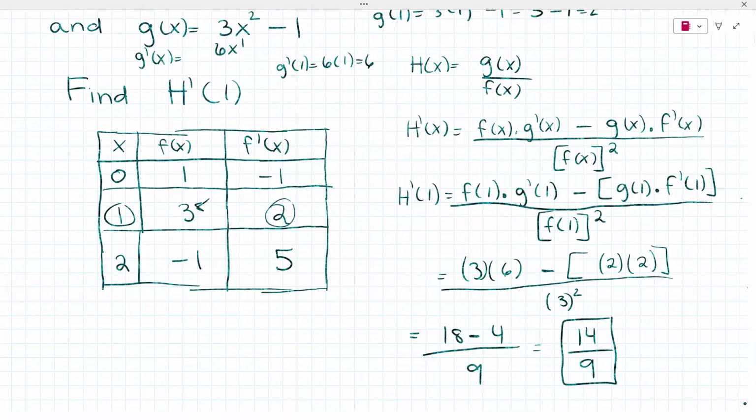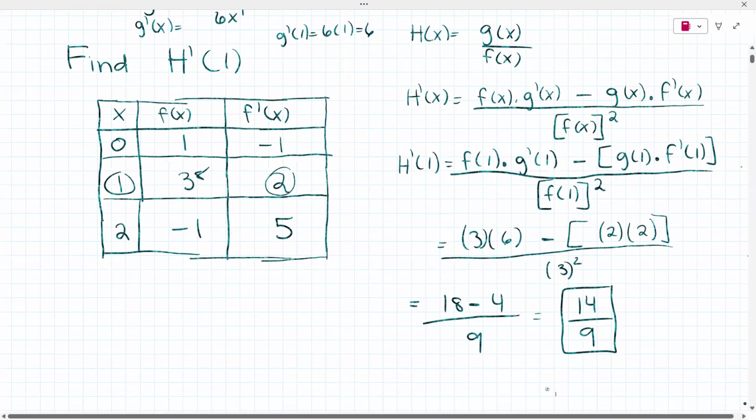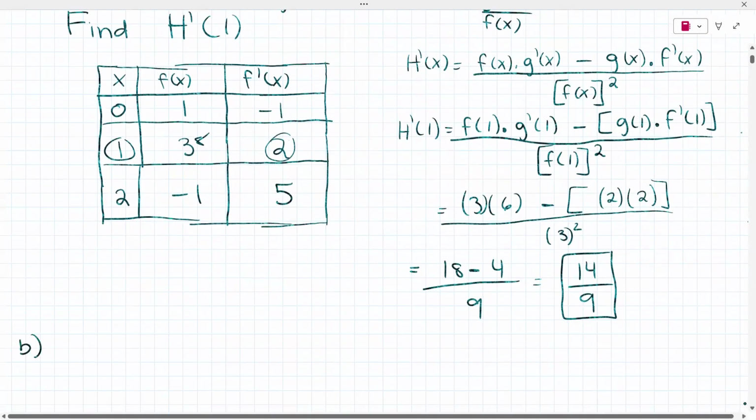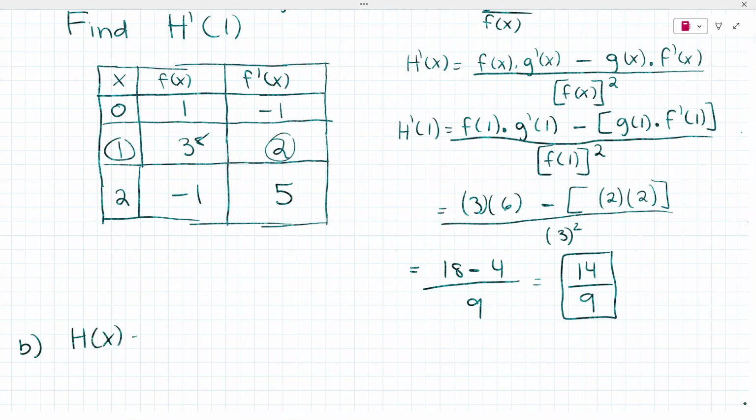There is a part B. Part B says, write this down. Part B says find, if h of x equals f of g of x, right?